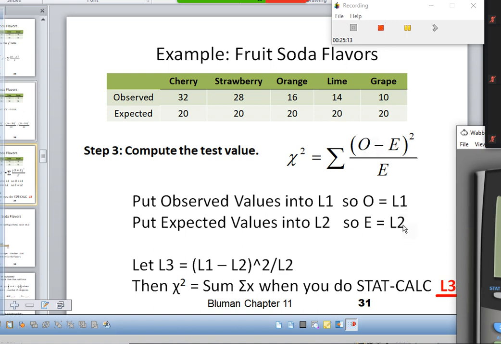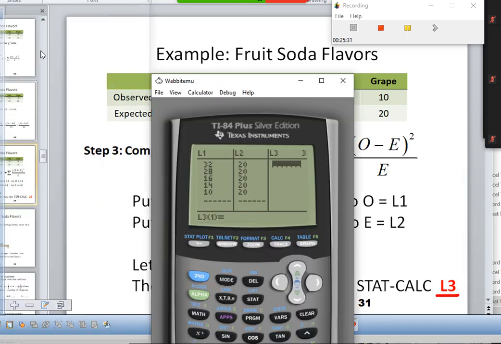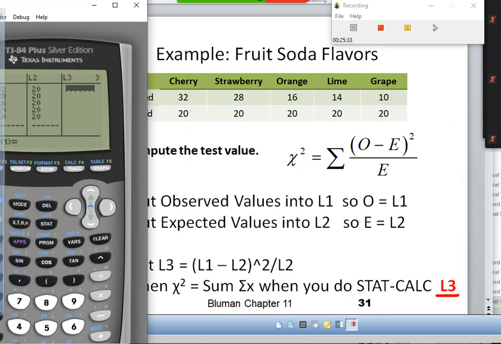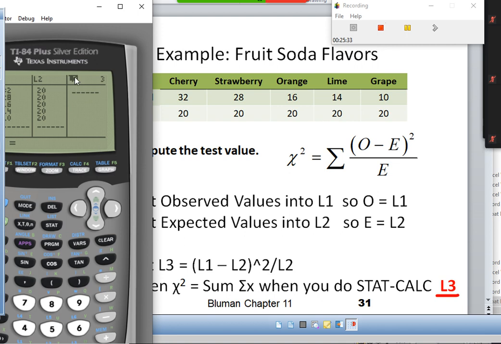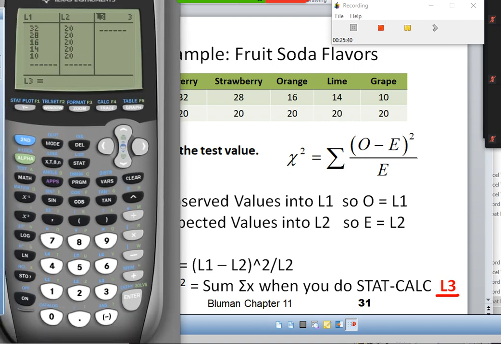My expected are list 2, so I'll put L2 here and here. So I'll have L1 minus L2, squared, divided by my expected, which is L2. This is what I'm going to type into my calculator, and it should be on your sheet as well. I'm going to go up so my cursor's on the L3, and then I can type it in.